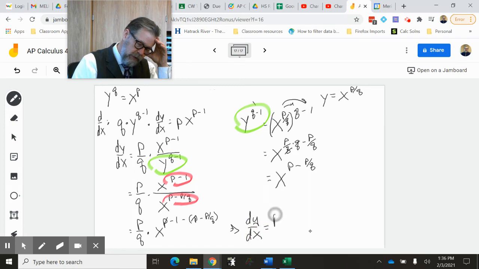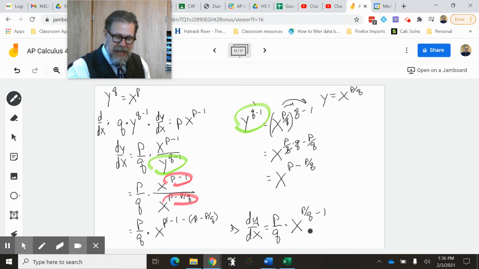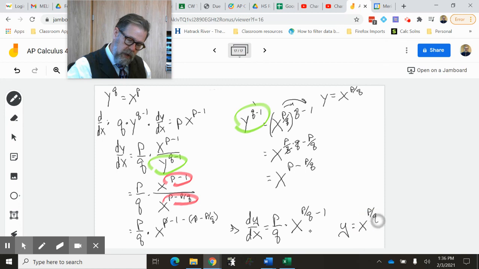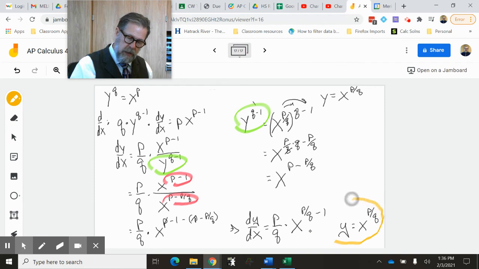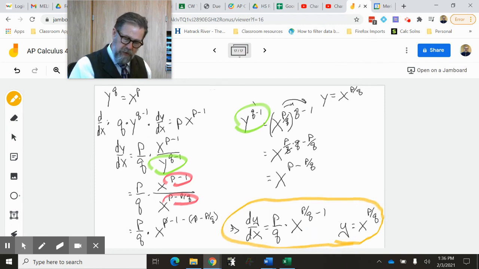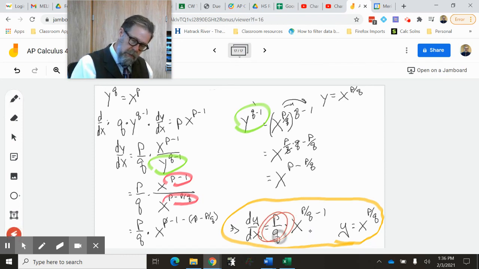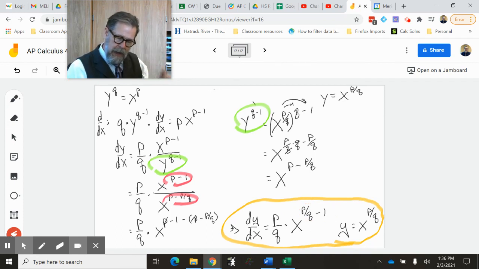x is equal to p over q times x to the, well, the p over q becomes positive, and the 1 becomes negative. And this was given that y is equal to x to the p over q. So there's what we've got. We started with y equals x to the p over q, and we proved that we can just bring the p over q out front and then subtract 1 for the new power, which is exactly what the power rule had said.